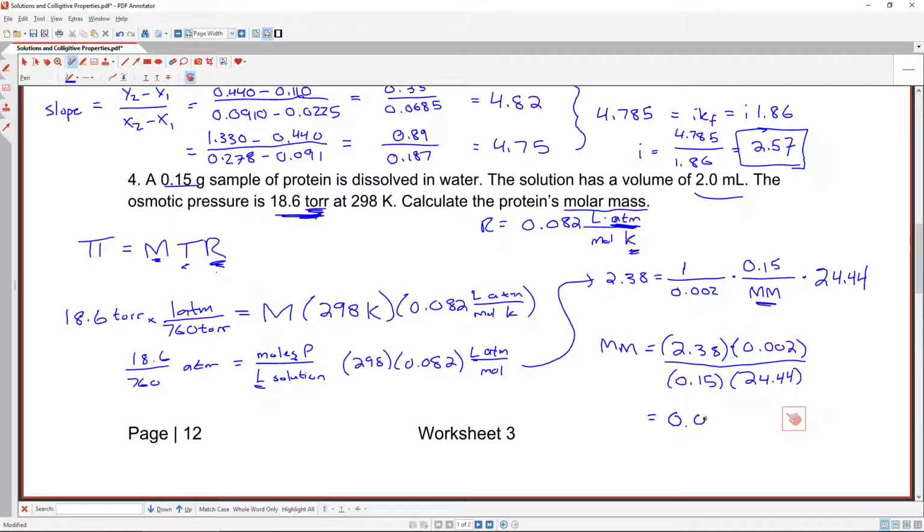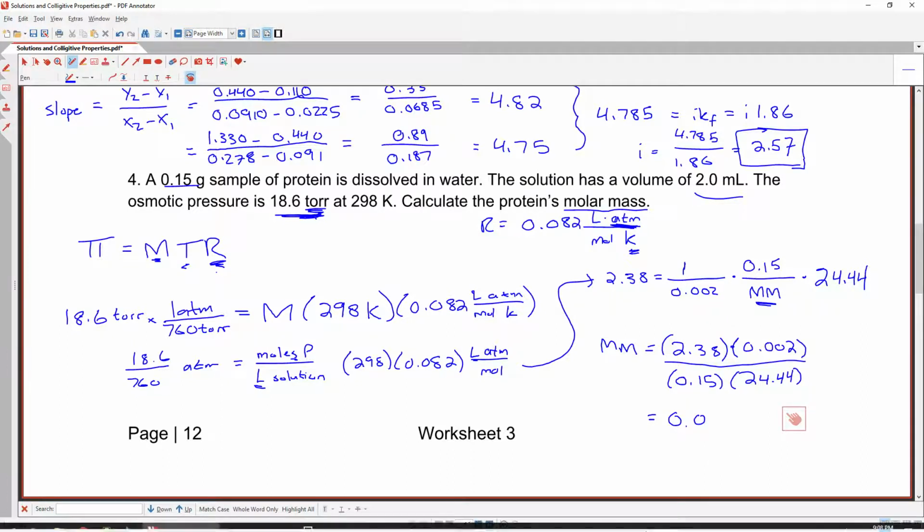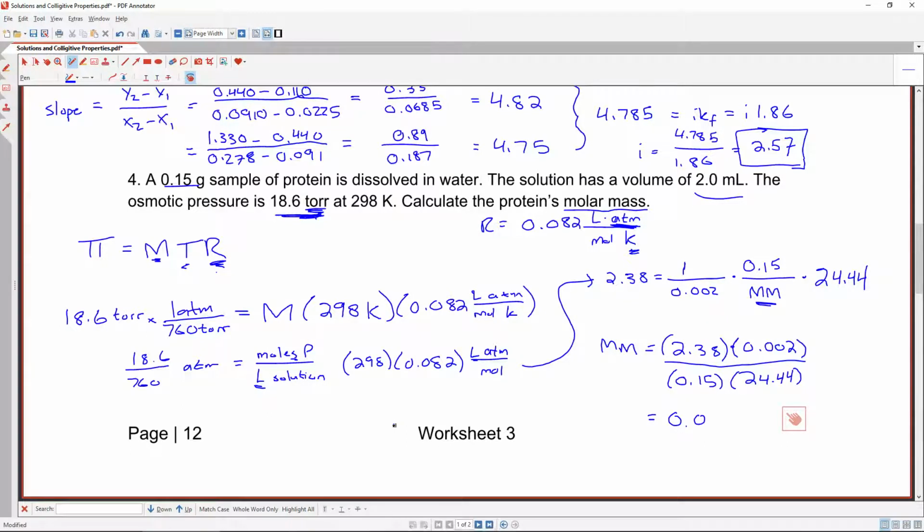Okay, so 0.0. This seems wrong. I expected this to be very large because it's a protein. Molarity is moles of protein per liter.